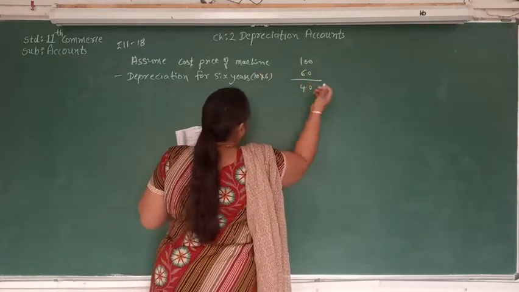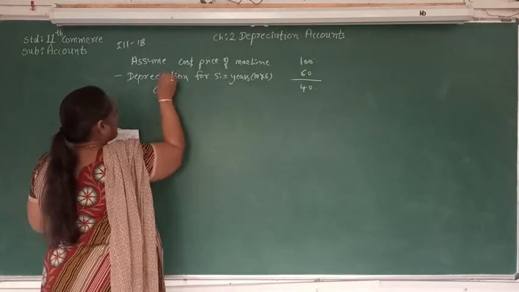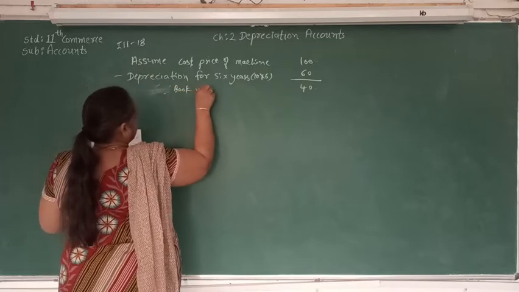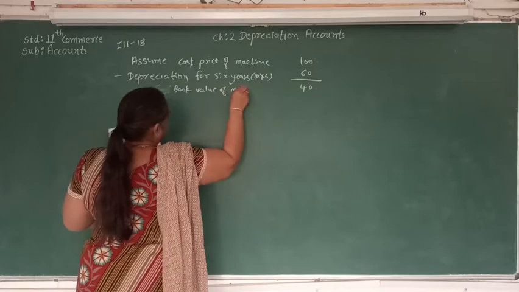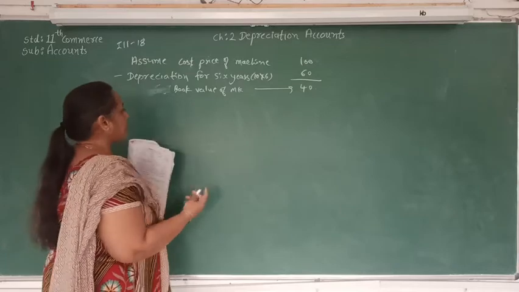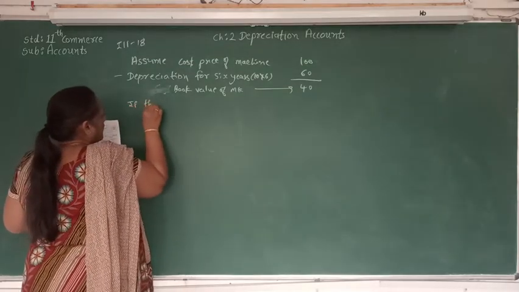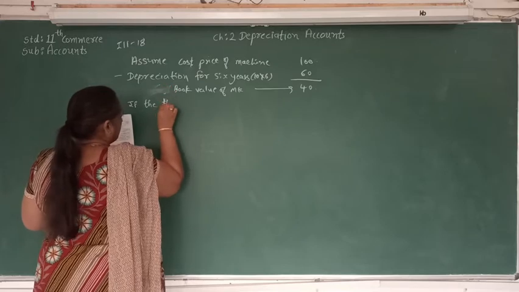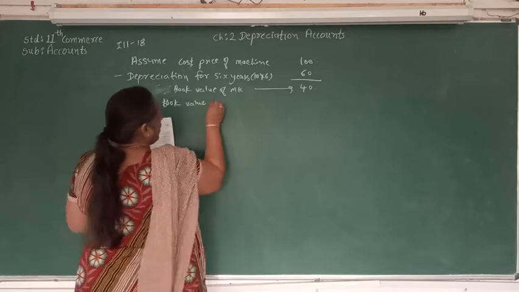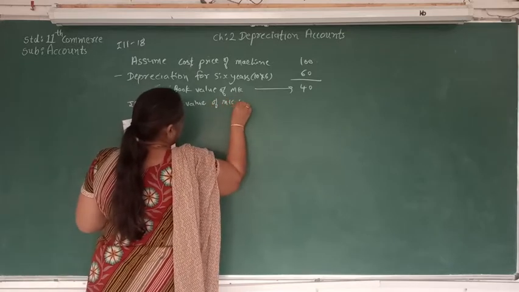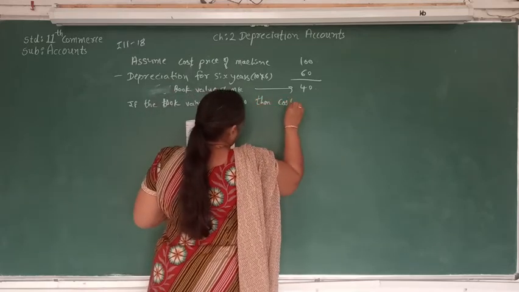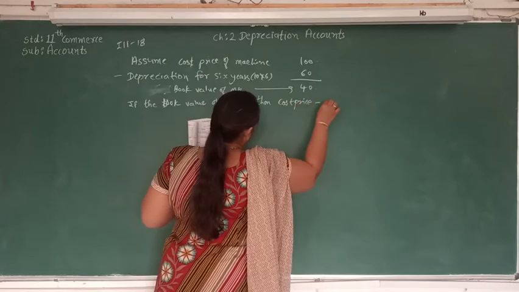So here the book value of the machine after 6 years will be 40. So here we can keep it like this. If the book value of the machine is 40, then the cost price is 100.